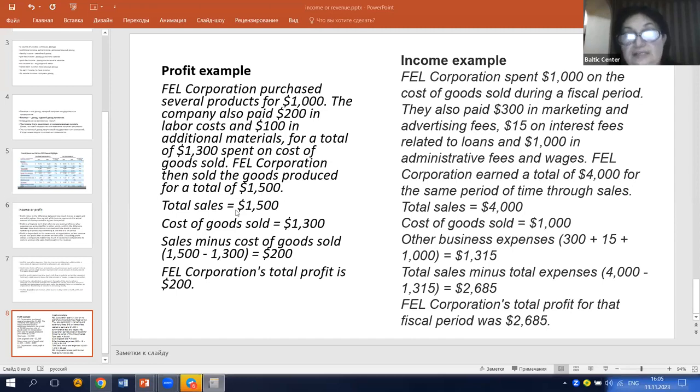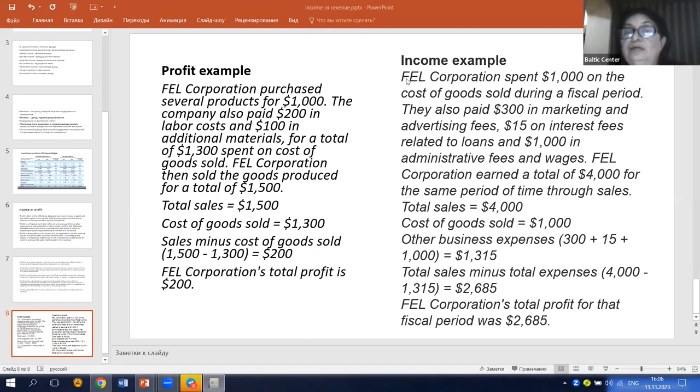The total sales was 1,500 and the cost of goods sold 1,300. Sales minus cost of goods sold leaves 200, so the corporation's total profit is 200.